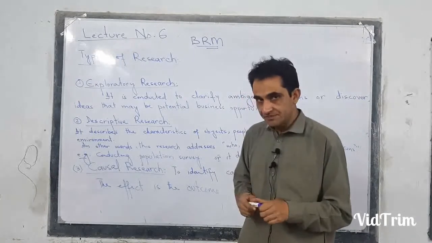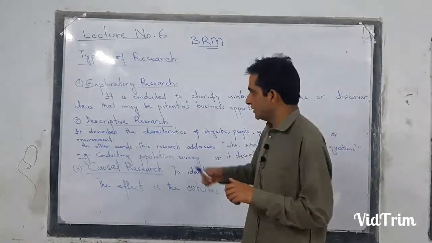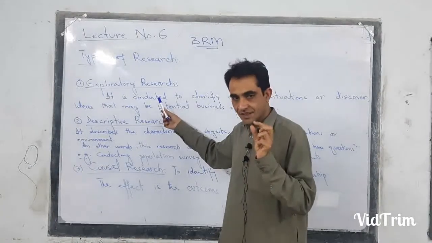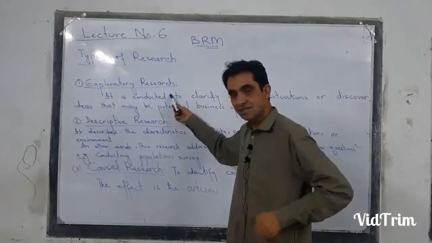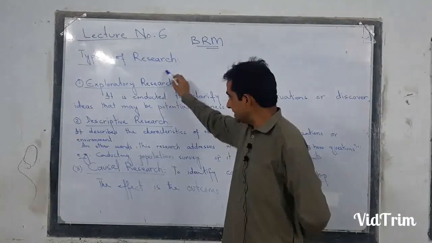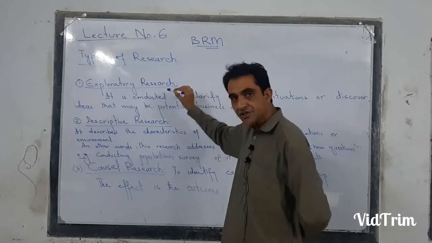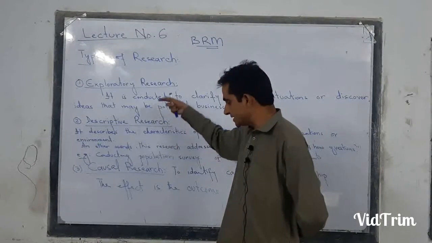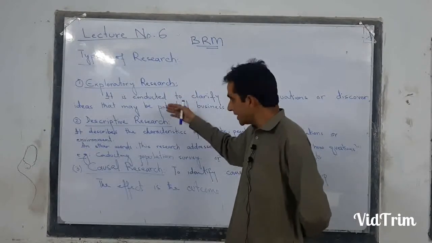Before explaining them, I will tell you that the first type of research is the simplest research. This research is the building unit of the next one, which is a little bit more complicated.